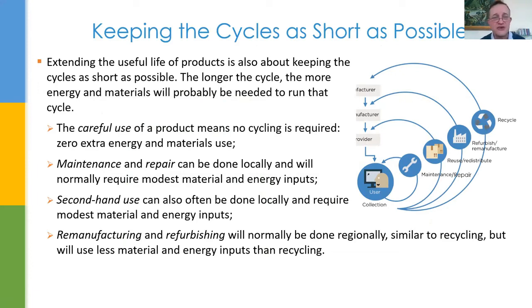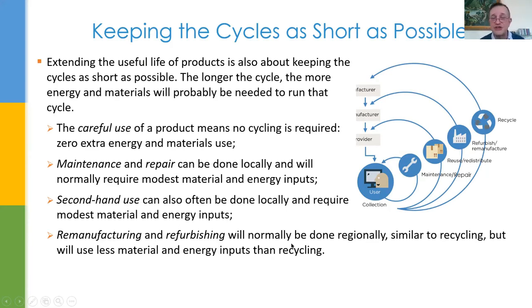There's zero extra energy and material use needed. Now, if you go into maintenance and repair, hopefully that can be done locally and will normally require modest material and energy inputs. Secondhand use can also be done locally and also will require, generally speaking, modest material and energy inputs to make that cycle work.